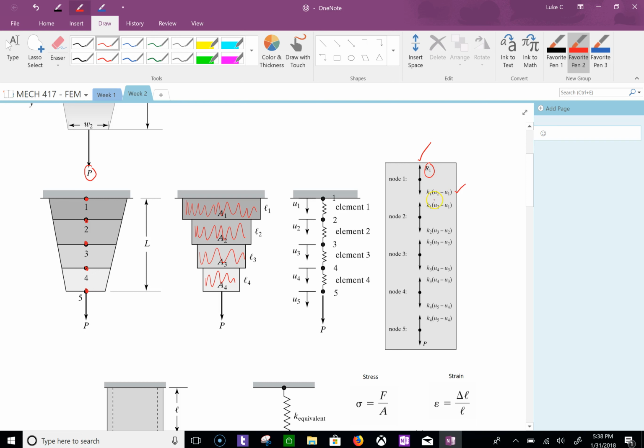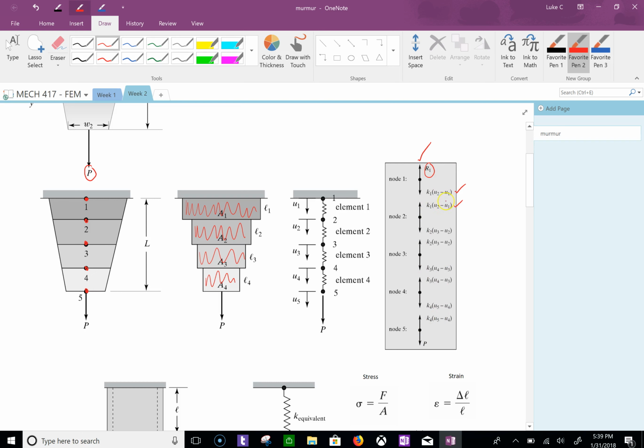And then if we looked at node 2, element 1, you would have an equal and opposite force here, which is the same. And we go through node 1, 2, 3, 4, and 5, and you see that these are all the forces acting on each node.